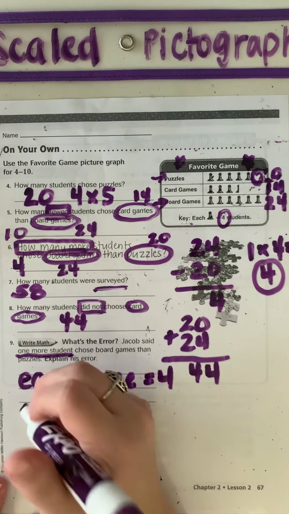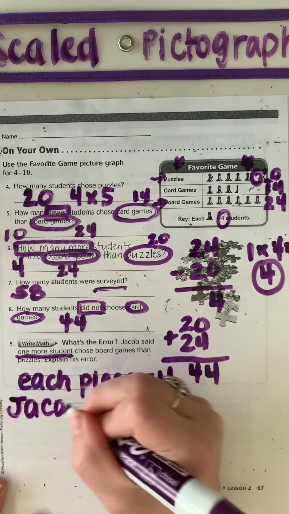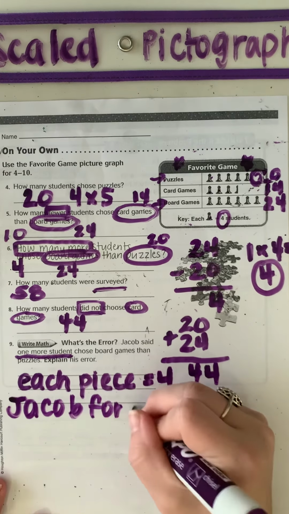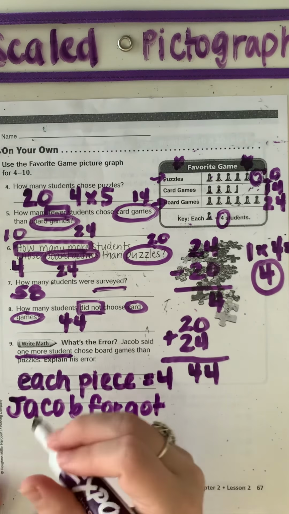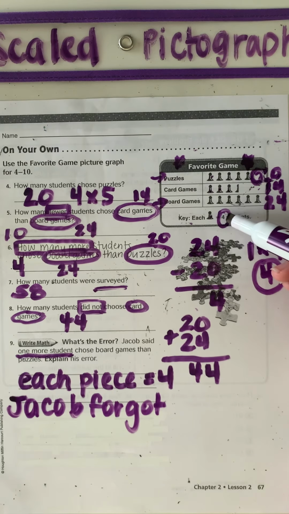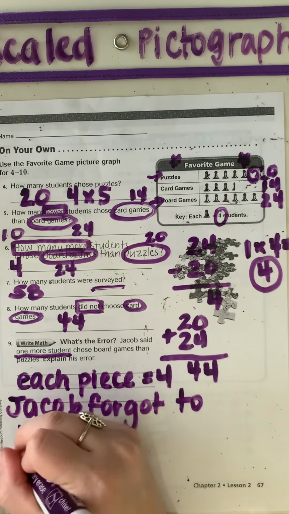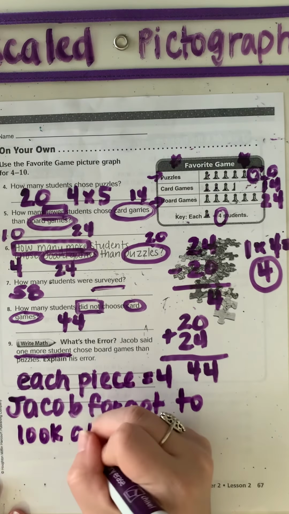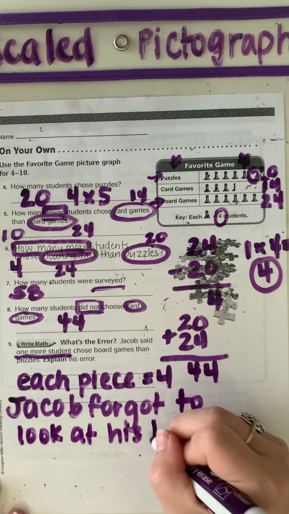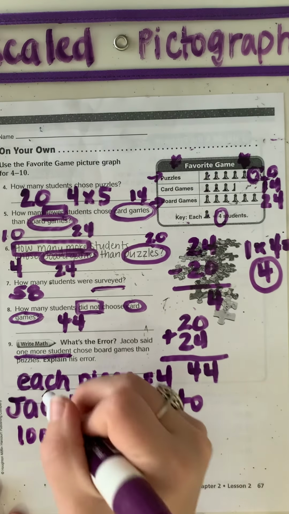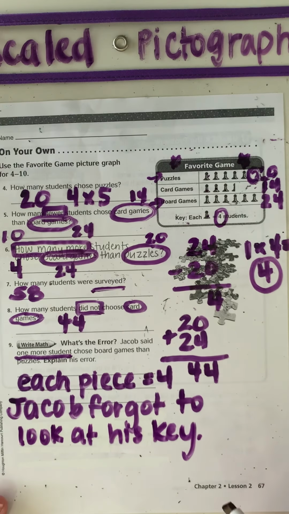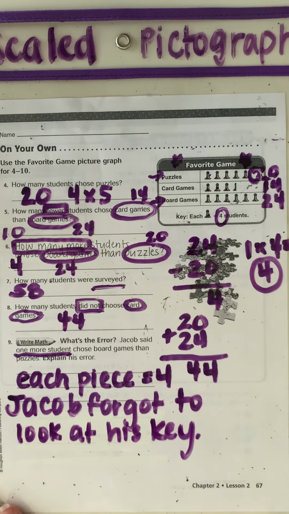I think Jacob forgot to look at his key, because if he would have looked, he would have seen that this is actually 4 and not 1. So Jacob forgot to look at his key and see just what we talked about up here, that each piece is actually 4 students and not a single student.